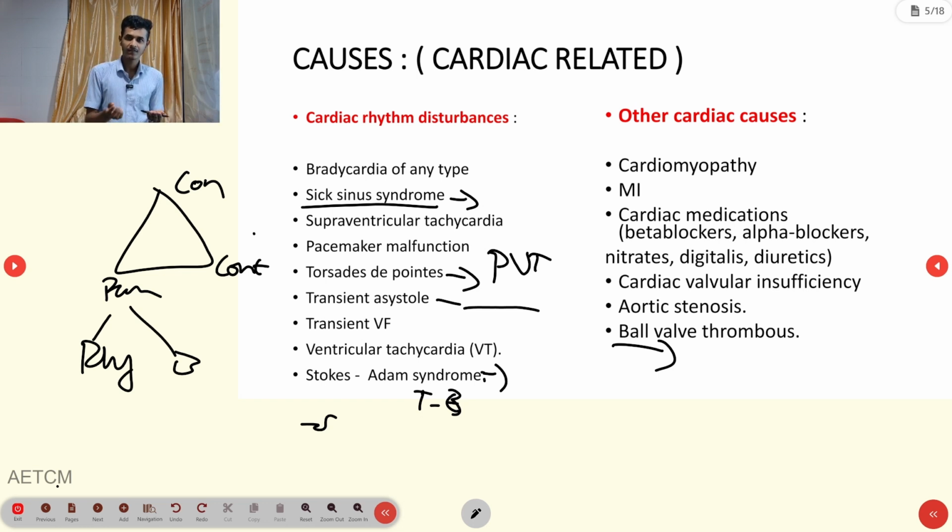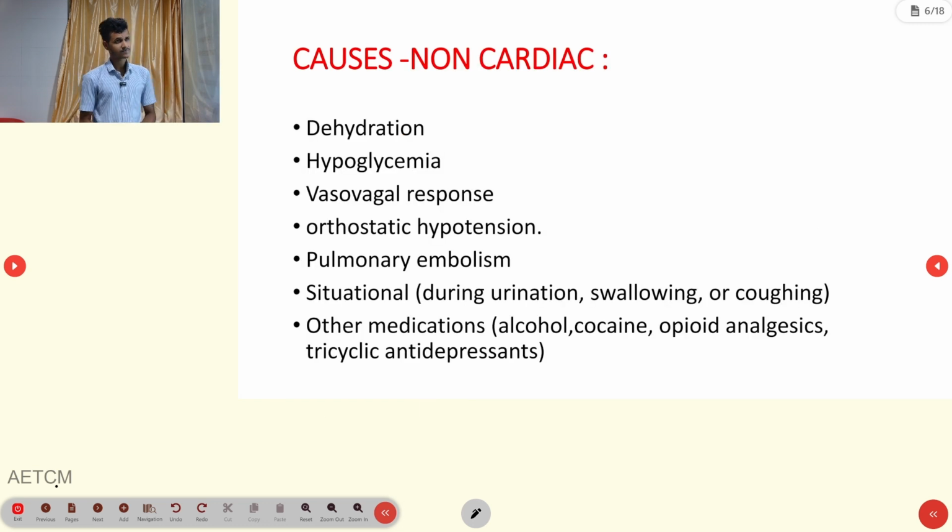Whenever we lean forward, the clot moves and obstructs the outflow. Syncope mainly occurs when leaning forward, whereas in Stokes-Adams, syncope occurs even in the supine position. This is the difference between Stokes-Adams and ball valve thrombus.